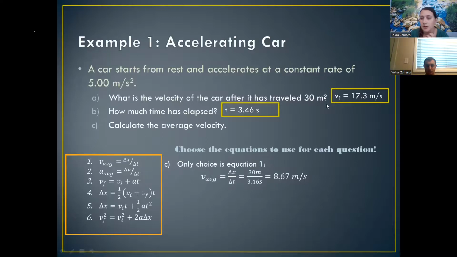Now, there's a question in the chat. Will rounding up the decimal matter as the final answer? That depends on your professor. If significant figures are important to them, then you want to round to however many significant figures matter to them.